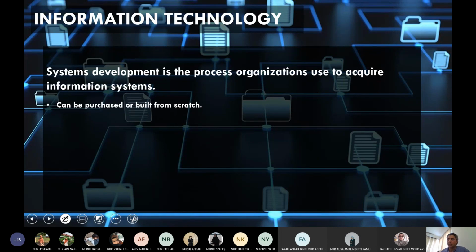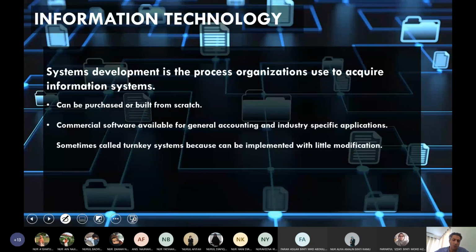In the last century, the 1990s, companies preferred to build in-house accounting software to ensure integrity, effectiveness, and compliance with that company, since accounting software was still not that effective in the market. But now commercial software for general accounting and industry-specific applications is everywhere.